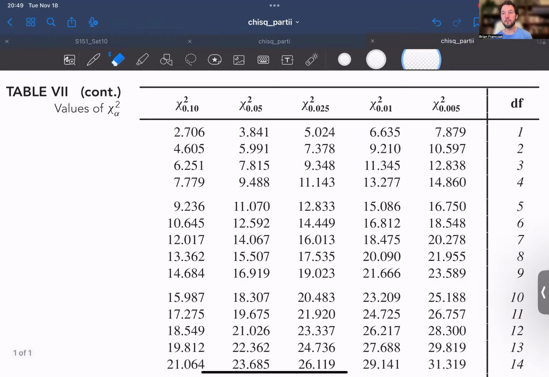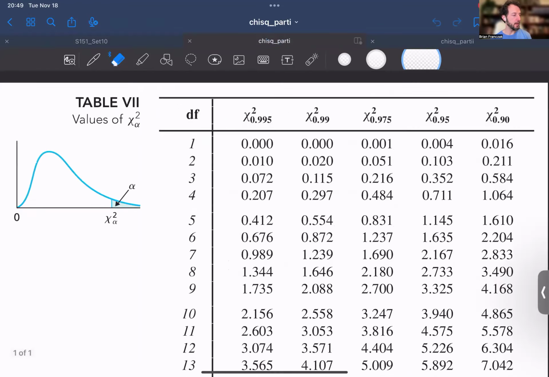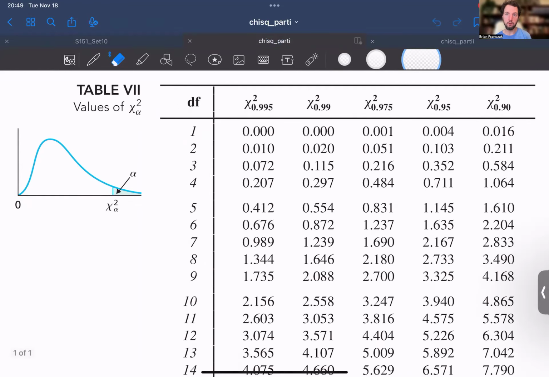The way that we read this table is exactly like we read a student t table. The only difference is that both pages have the same degrees of freedom on them. You'll notice that the tail areas at the top on the first page are actually very large, which is somewhat unusual given what we have seen with the student t table.